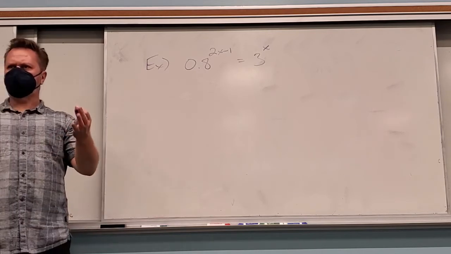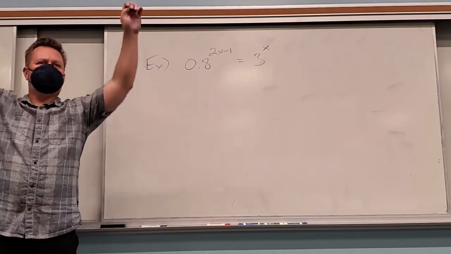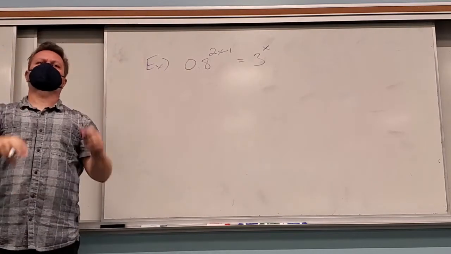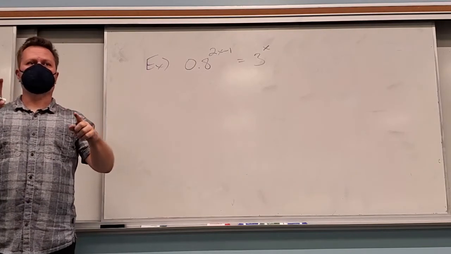So obviously what's different with this one? There's variables in the exponent on both sides. That sucks. All right. But the same thing will take care of both those problems, right?